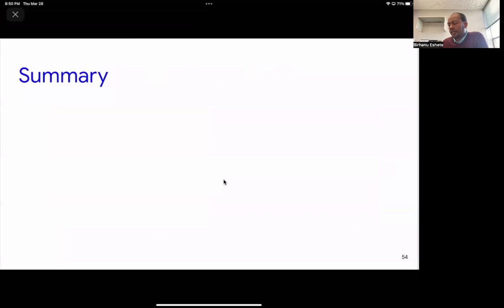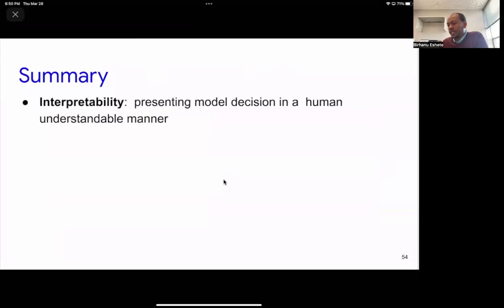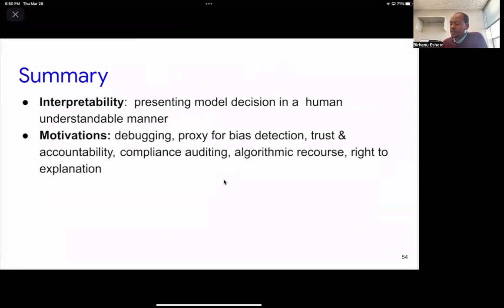And in summary, what we've looked at in this lecture is we defined interpretability, which is basically presenting or explaining the model decision in a human understandable manner. The motivations are debugging, proxy for bias detection, building trust and accountability, compliance in auditing, algorithmic recourse, or right to explanation.